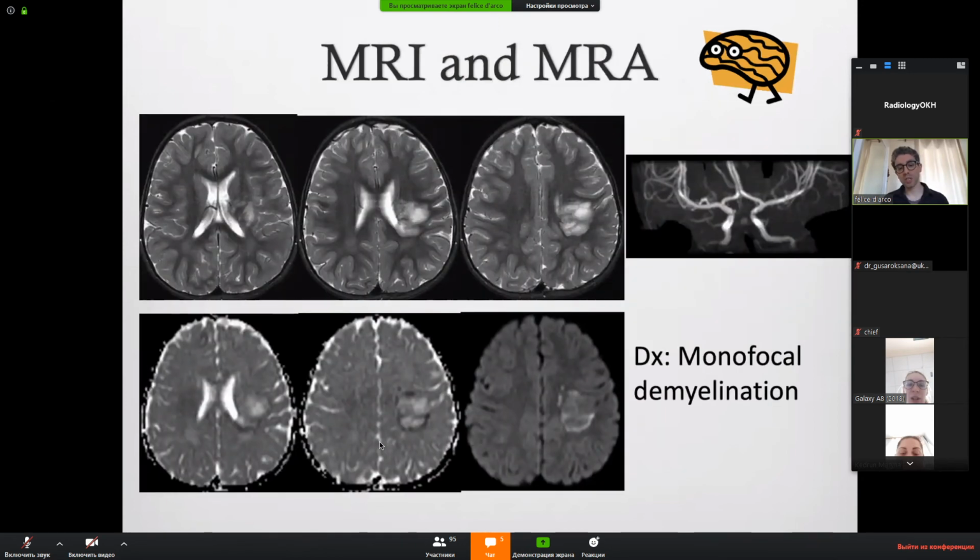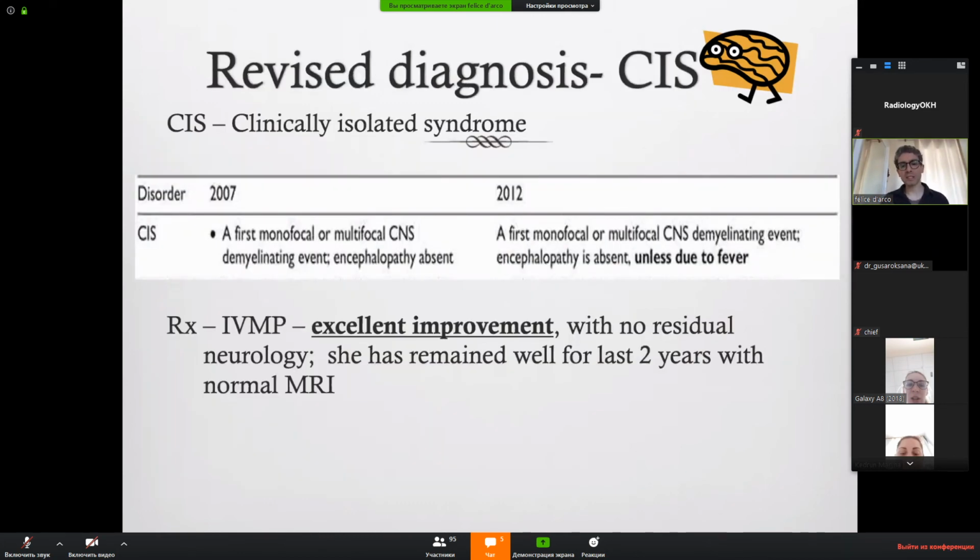You see, the diffusion restriction is only peripheral. This appearance on T2 is quite fluffy, and there is no vasculopathy demonstrated. So this is a monofocal demyelination that will go away, and with the cortisone, excellent improvement.